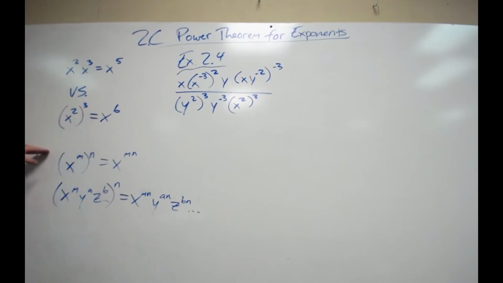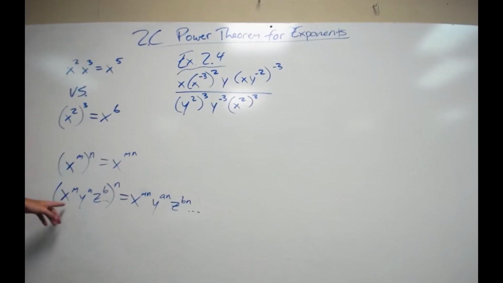So the power theorem for exponents: if you have x to some exponent, to the power of another exponent, you would multiply them. You could also do it if you had more than one variable within the parentheses.